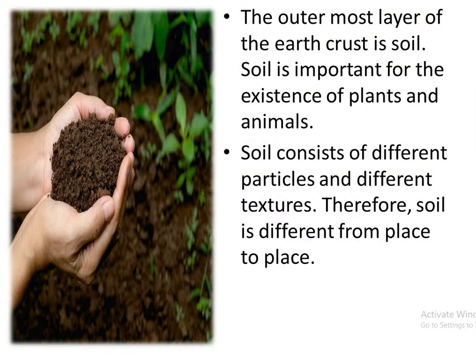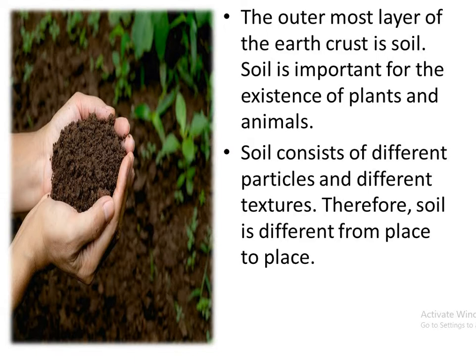First and foremost, we must understand that the Earth's crust is rich with soil, and this soil is very important for the existence of animals, because we use this soil for agricultural activities and many more things.